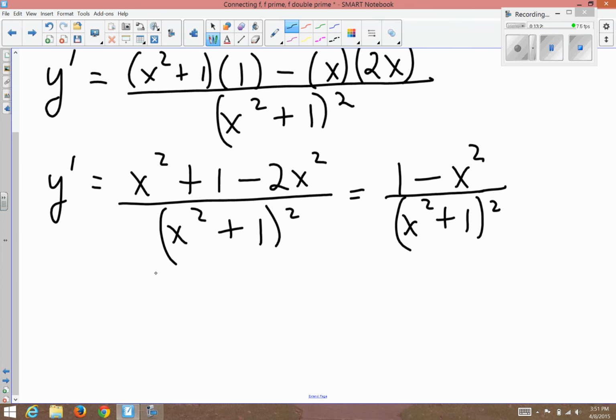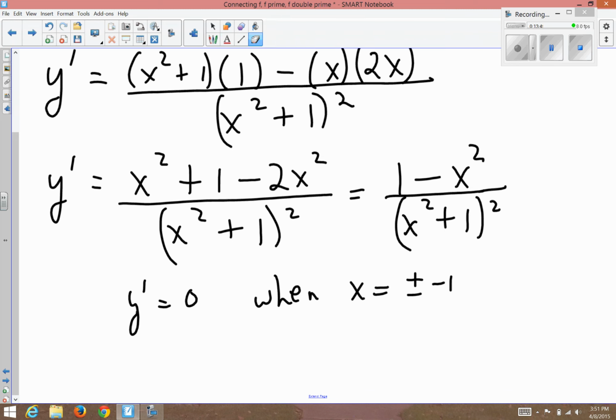This derivative is equal to 0 when x is 1 or negative 1. If we put negative 1 or 1 in here, square and then subtract 1, we'll get 0 over something. So the derivative is 0 when x is plus or minus 1.